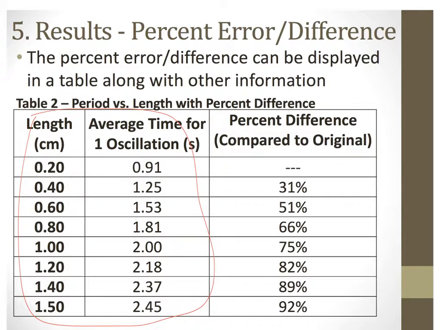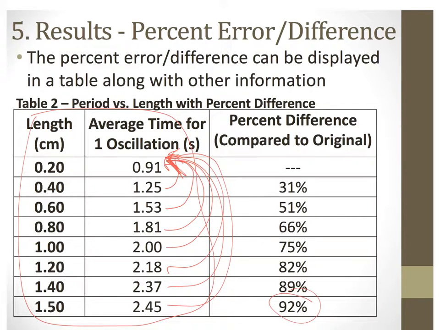So in order to get these numbers here that I have, these percentages, what I did was I took this value, 1.25 seconds, and compared it back to my original 0.91. And then I took this value, 1.53, and compared it back to my original 0.91. And the same thing on down the line. So I kept comparing each of these values back to the original, okay?